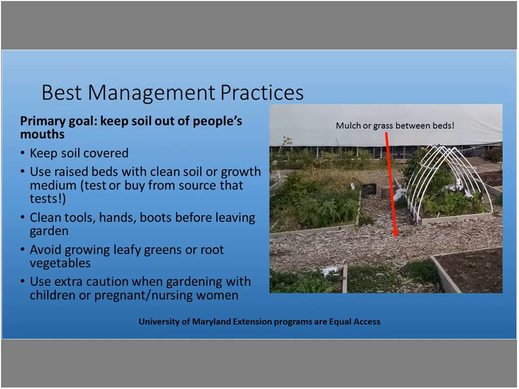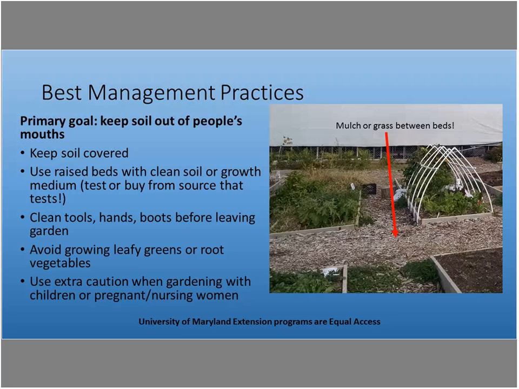So some best management practices, these are pretty standard across the board. Every extension state will tell you these are the basics that you should really be doing. If you've got heavy metals in that gray zone, elevated above background levels but below the EPA's thresholds, as I mentioned earlier, the primary goal is you want to keep the soil out of people.